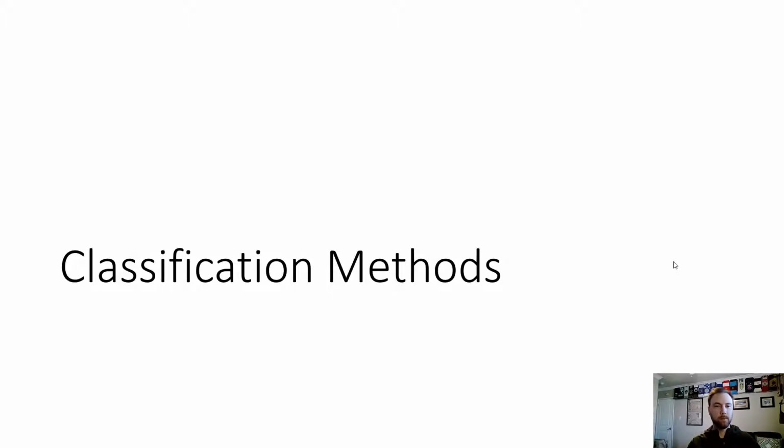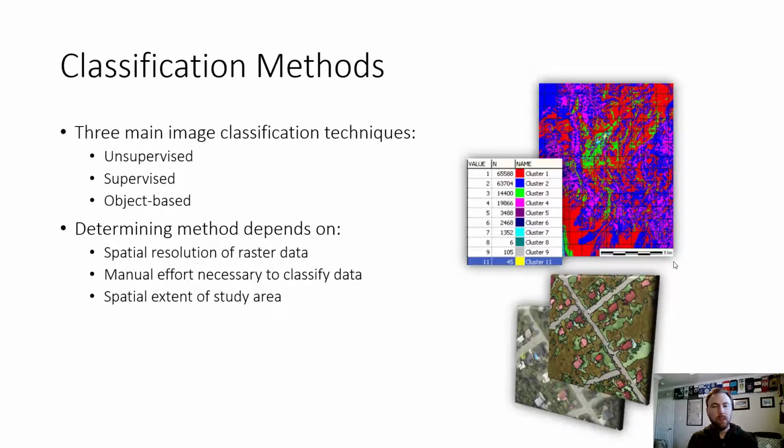Classification methods. So as I mentioned before, there are 3 main classification techniques: unsupervised, supervised, and object-based. As I said before, unsupervised and supervised are the oldest techniques, and object-based is a newer sort of emergent technique.